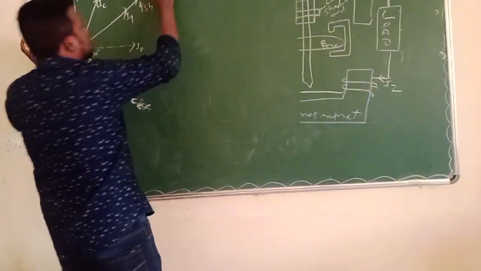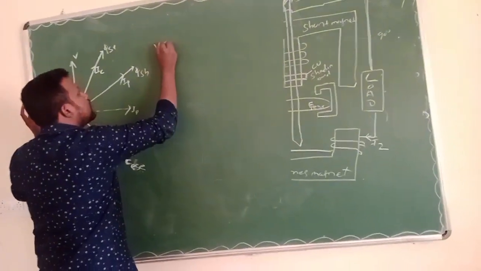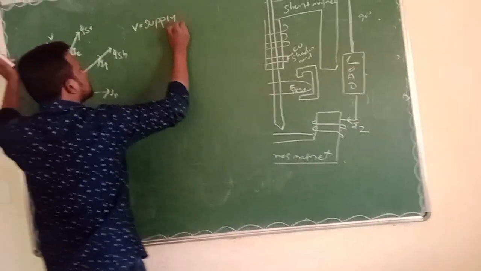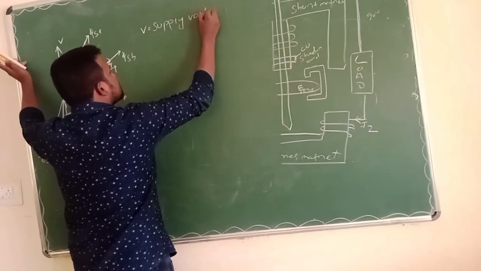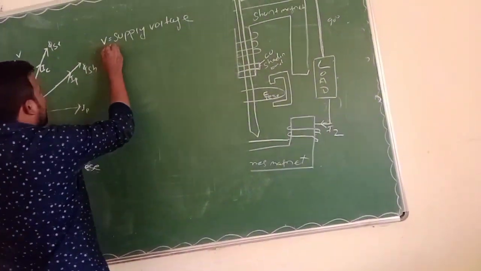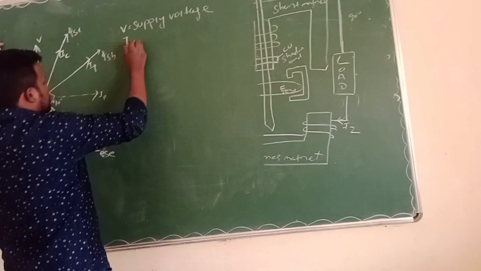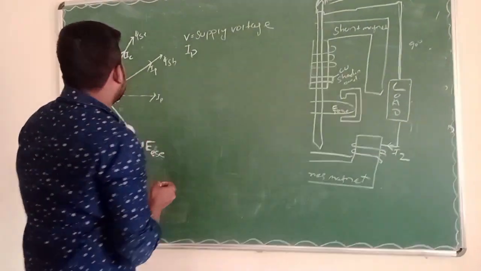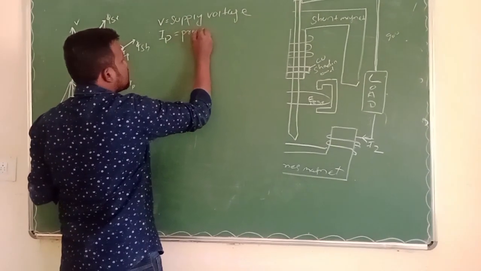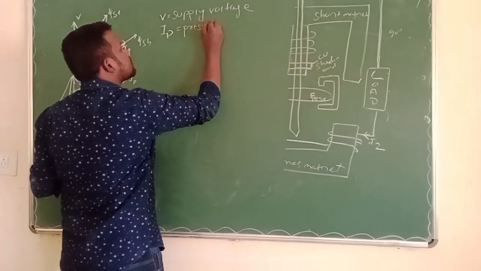We should discuss about this order. That is V is the supply voltage, and IP is the pressure coil current.